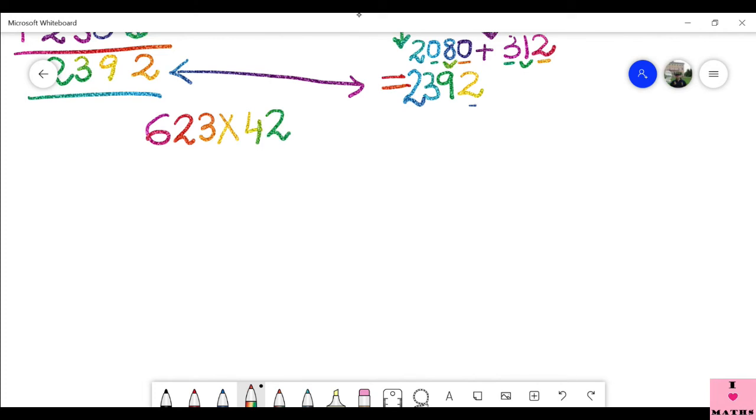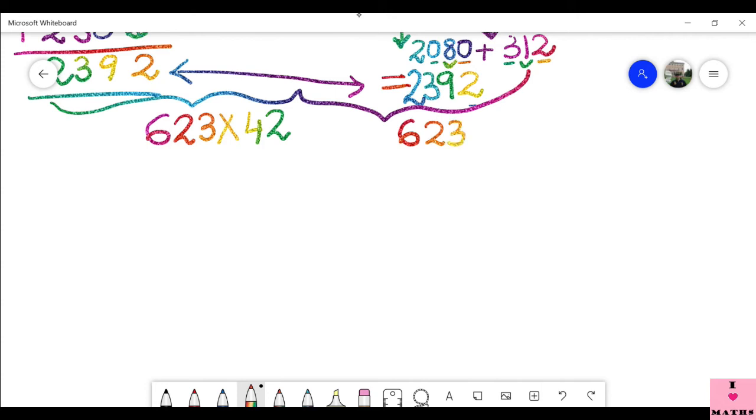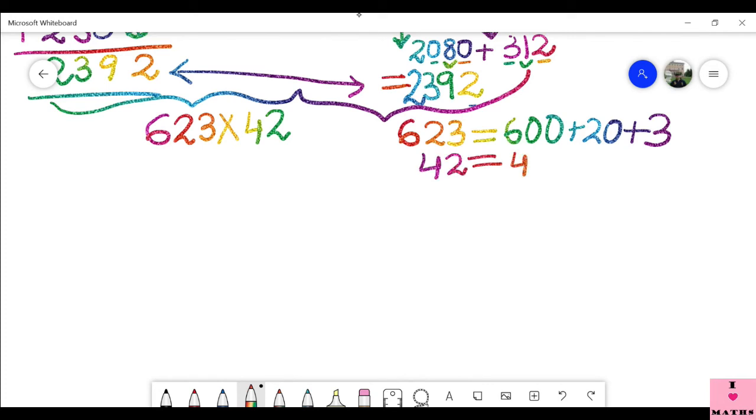Now, children, the expanded form of 623 is equal to 600 plus 20 plus 3. And the expanded form of 42 is 40 plus 2.